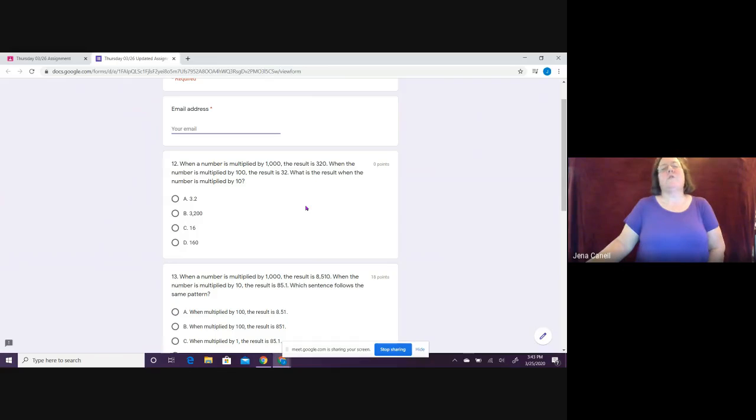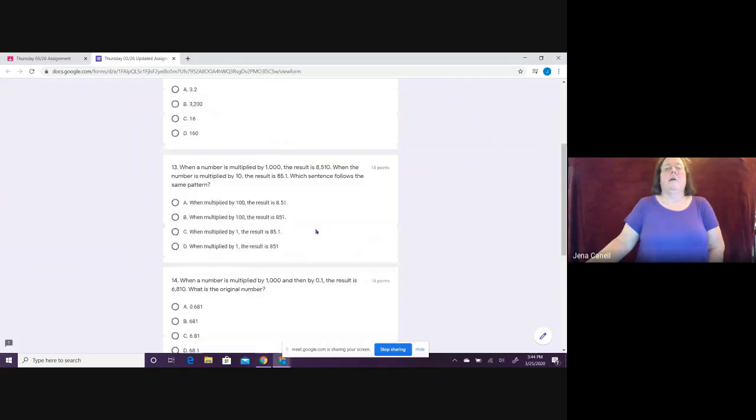So you need to solve for, first, what number times 1,000 would give you 320. And then it also gives you another clue. When the number is multiplied by 100, the result is 32. So 100 times n equals 32. And then it's saying, what would that be then multiplied by 10? So that's how you need to solve number 12.